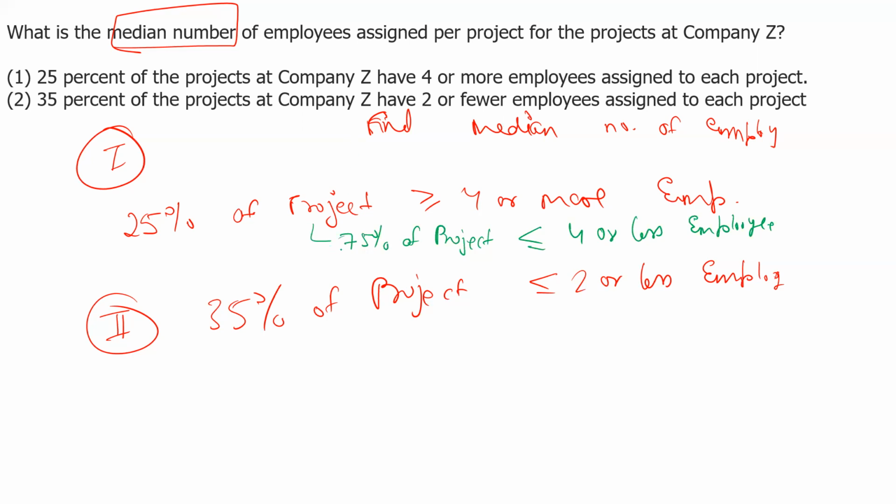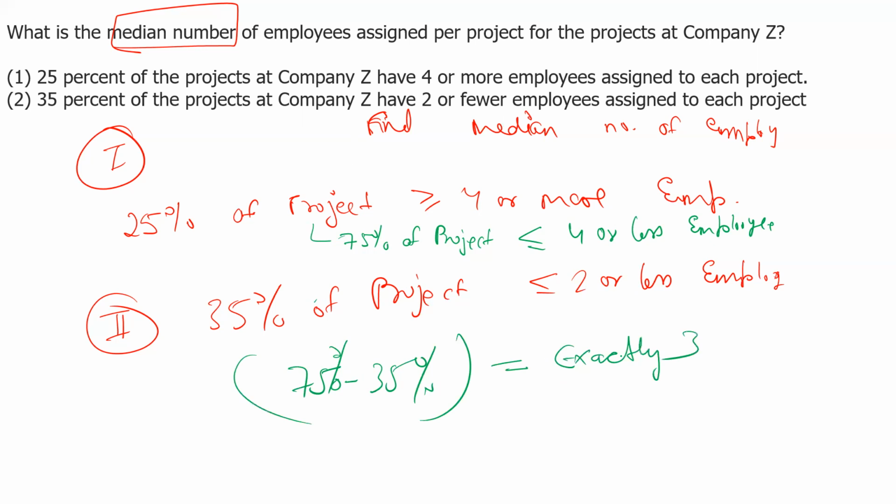So if we combine both of them, can I say that 75% minus 35% gives 4 or fewer, and here it will be 2 or fewer. So that means we can say exactly 3 employees. How can we say this directly? Because try to understand, 75% of the projects are done by 4 or fewer employees, and 35% of the projects are done by 2 or fewer employees.